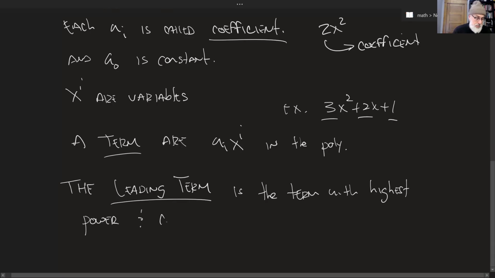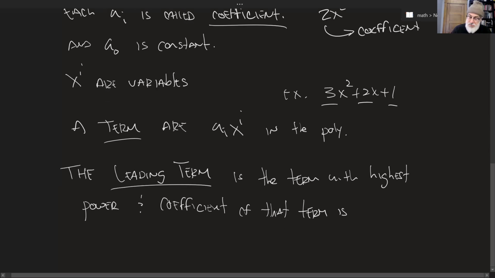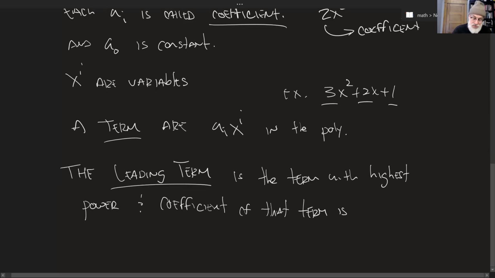And the coefficient of that term is the leading coefficient.